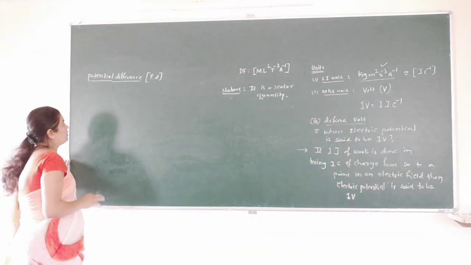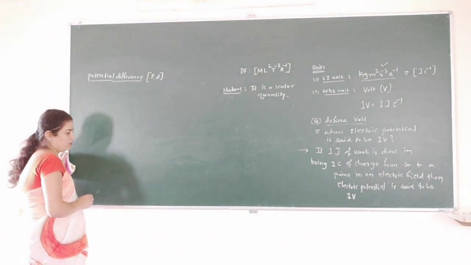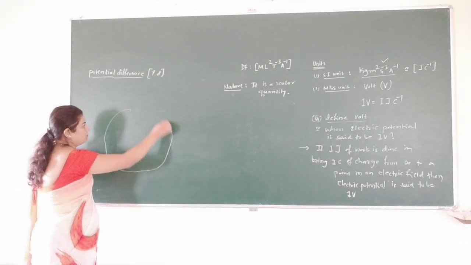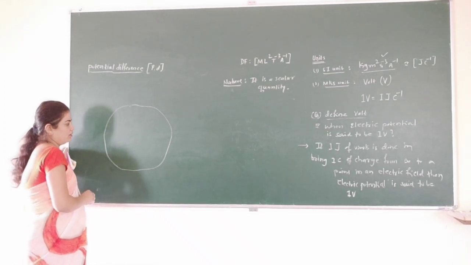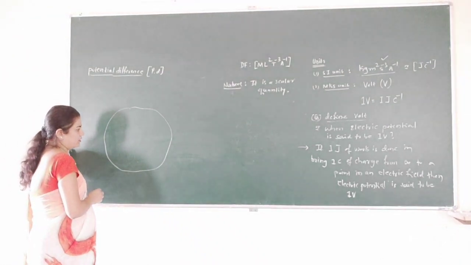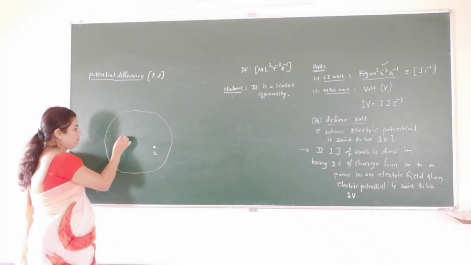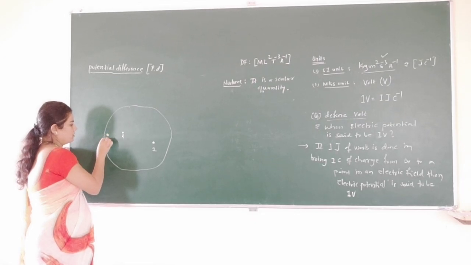Okay, before this potential difference, let me check your presence of mind. This is the electric field. I chose 2 points in an electric field. This is the first point and this is the second point. Somewhere here the source charge Q is there.